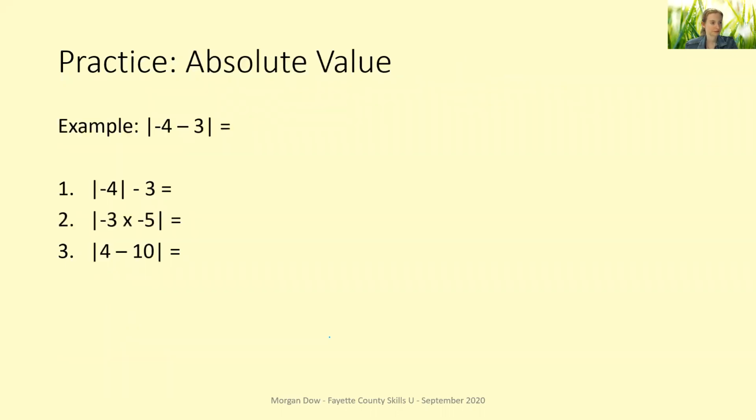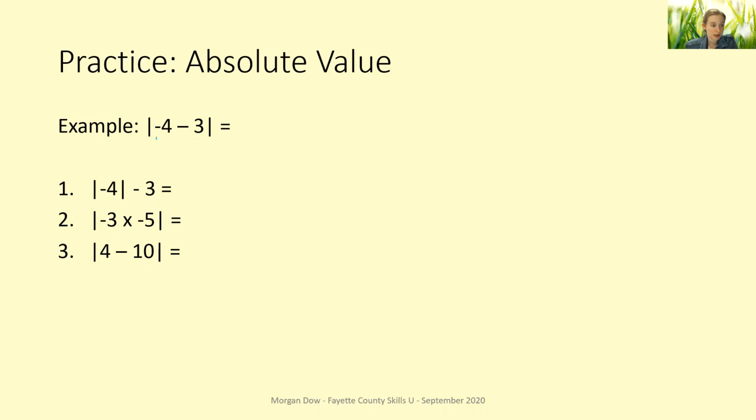All right. Now, let's return to this idea of absolute value. We said that absolute value was the distance between a number and 0. And so you might see absolute value pop up in some slightly more complicated calculations. Never fear, it still means the same thing. So for example, this says absolute value of -4 minus 3.